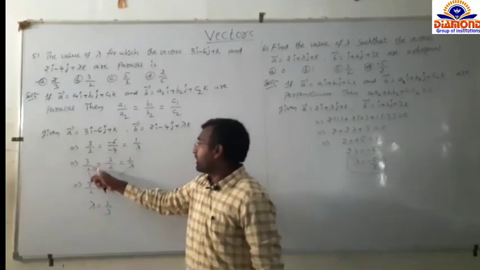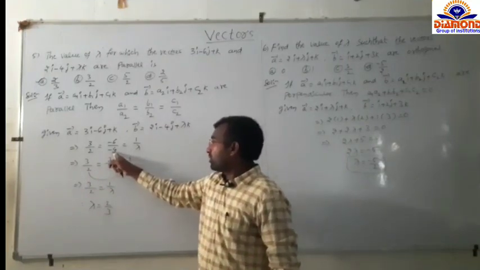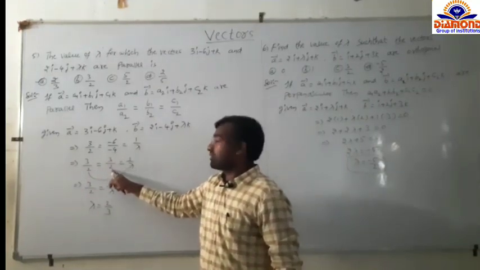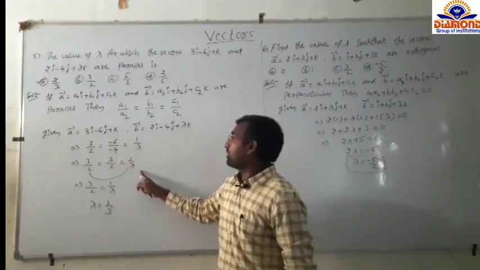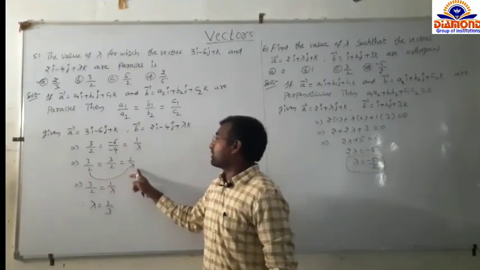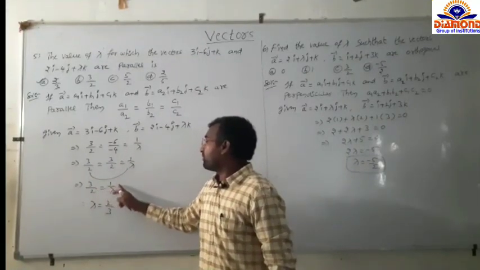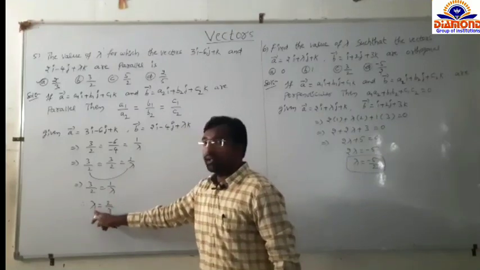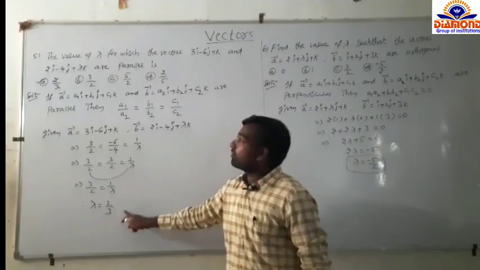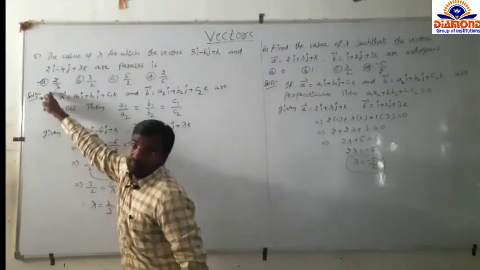So the 2 table cancels, remaining 3 by 2 equal to 1 by lambda. So first term equal to last term, you get 3 by 2 equal to 1 by lambda. So lambda equal to what? 2 by 3. So the answer is the first option.